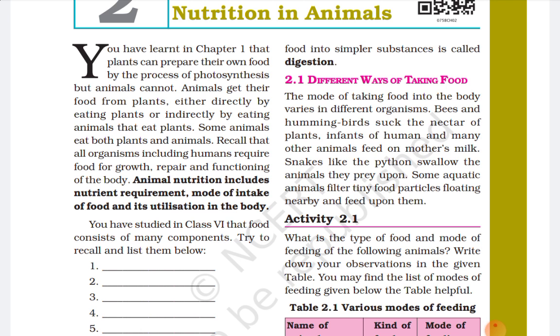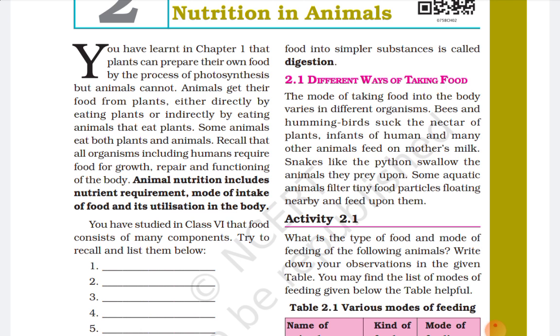Some animals eat both plants and animals. Recall that all organisms, including humans, require food for growth, repair, and functioning of the body. Animal nutrition includes nutrient requirement, mode of intake of food, and its utilization in the body.